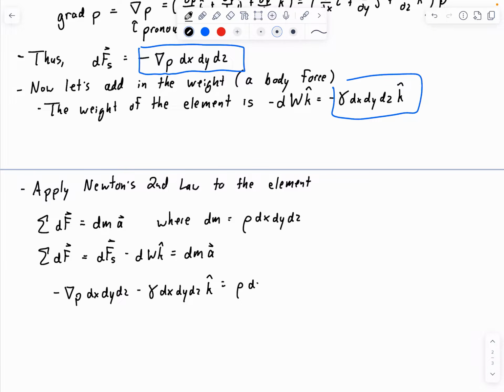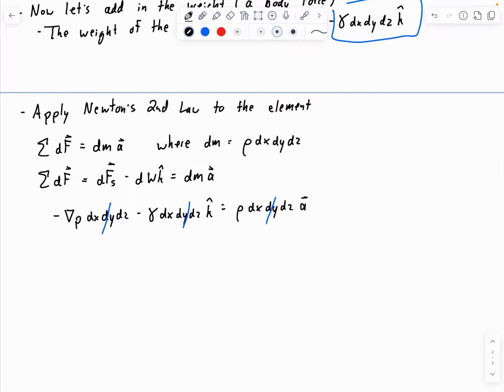So rho dx dy dz multiplied by the acceleration. And what you can see, of course, is that our volume cancels out. Dx dy dz cancels out of all of the equations here. And we're left with the general equation of negative del P minus gamma k is equal to rho times acceleration.